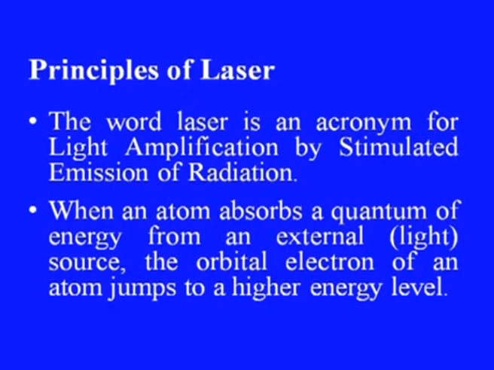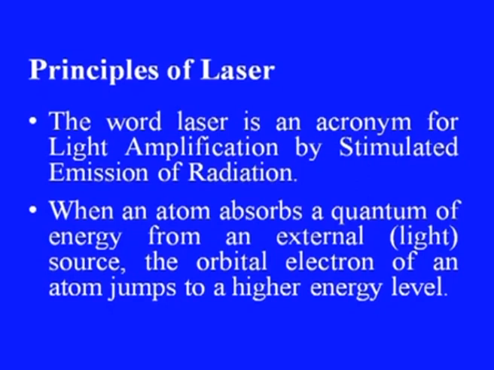Now, let us look at a little bit of the principles of laser, how laser is produced. As everyone knows, the word laser is an acronym for light amplification by stimulated emission of radiation.